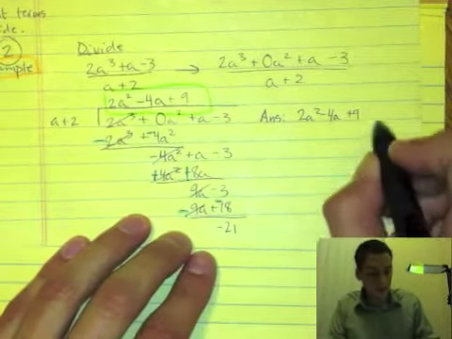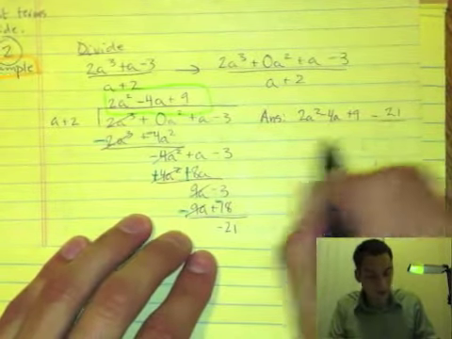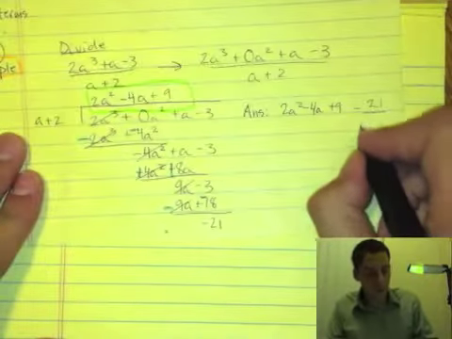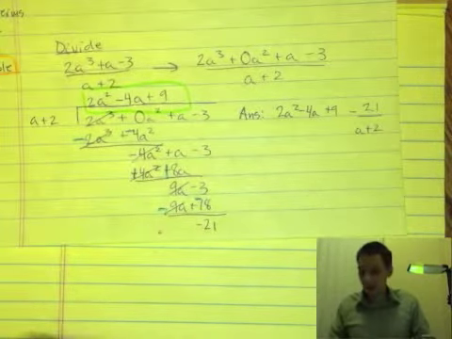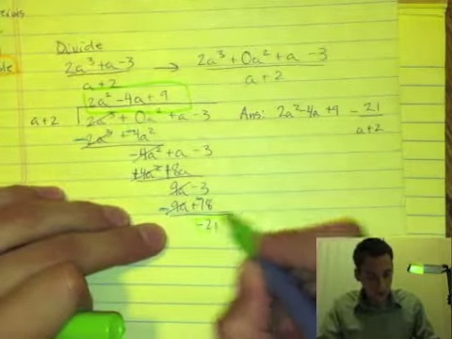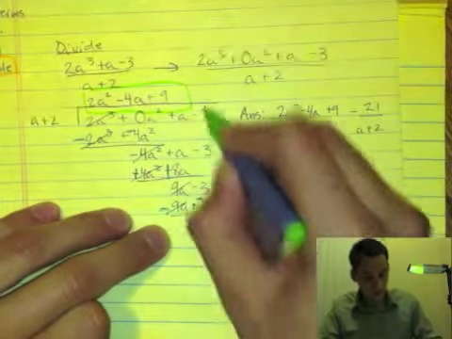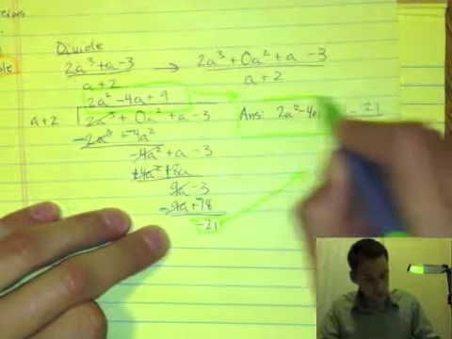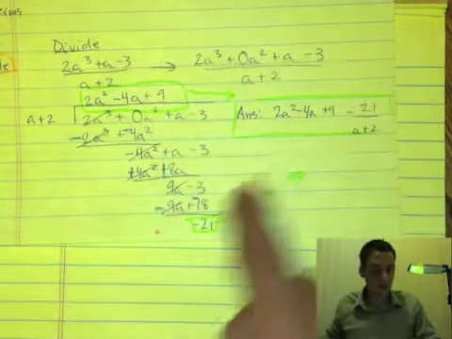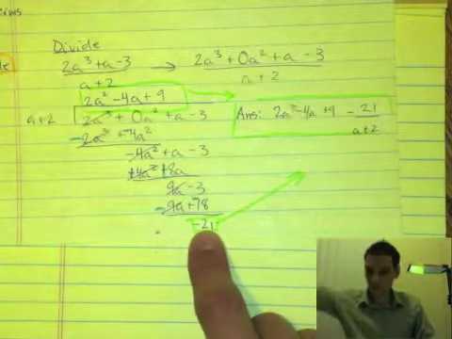And then I add this on, minus 21 over a plus 2. Yeah, that 21 came from there. So that is my answer when I have a remainder.